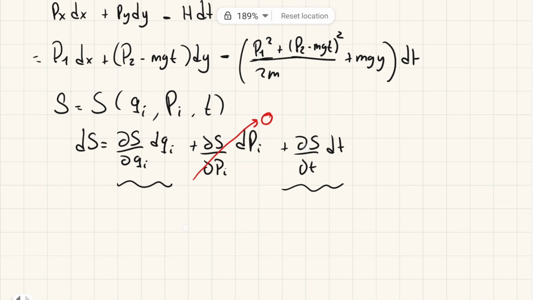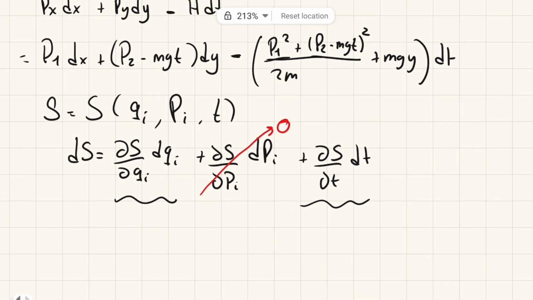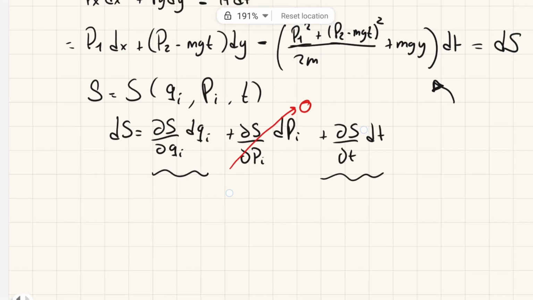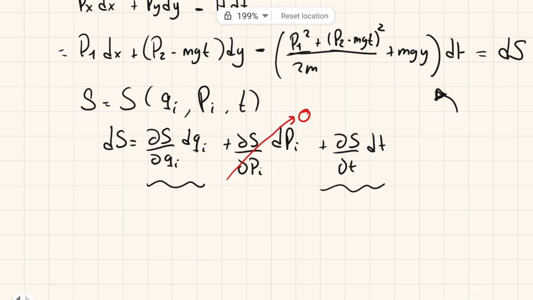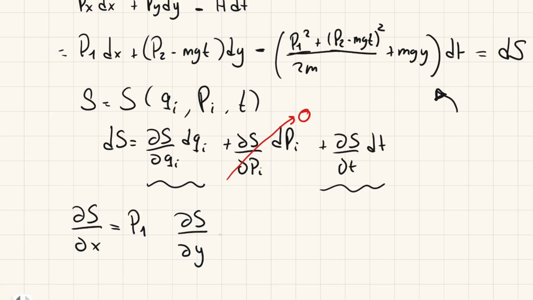Okay, so that means that if we compare this equation with this element that we have here, that is equal to ds, we can see easily that the partial of s with respect to x needs to be equal to p1. The partial of s with respect to y is equal to p2 minus mgt, this element.